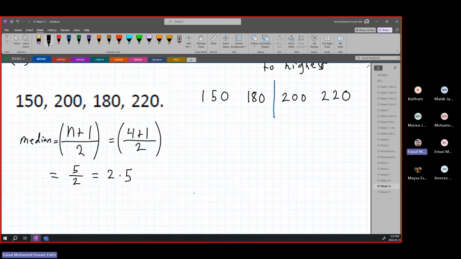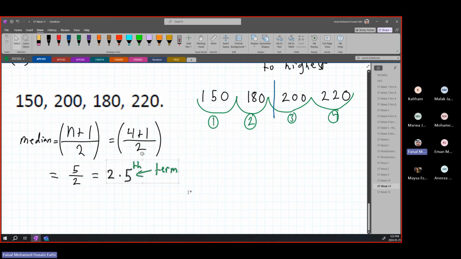What does this 2.5 mean? This isn't the actual median. This is the term value. So this is the term. All right. The nth term, basically, or the 2.5th term. So if we're going from here, we're going to go 1, 2, and then we're going to go here 3, and this is our 4th term. All right. So we have 4 terms.